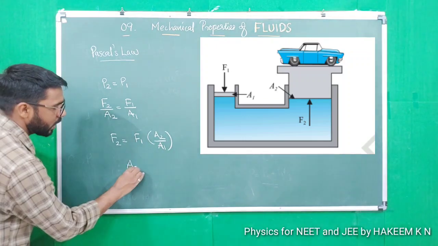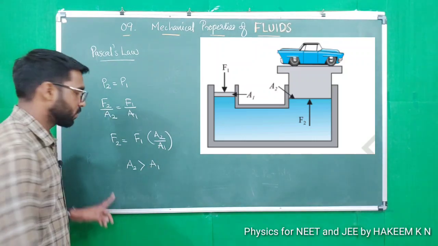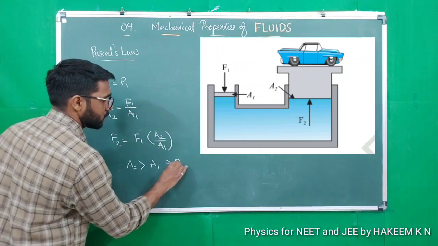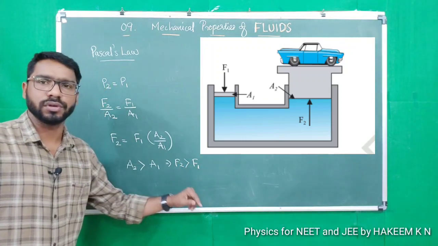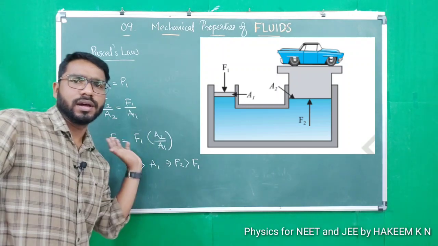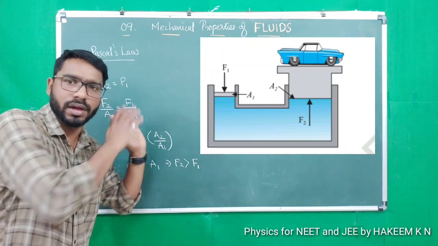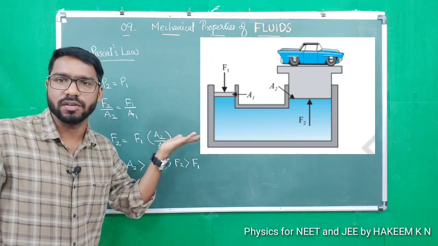So as A2 increases, F2 increases. By giving a small force at one end, we will get a very large force at the other end.